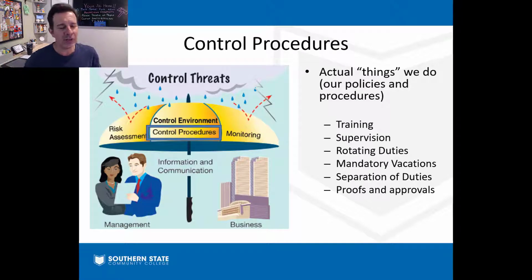Simple separation of duties. We also have procedures for proofs and approvals. Maybe we have a rule where we have to have two people sign a check before it can be cashed. Maybe there's an approval process before money can be spent, has to be signed off on by people. All that stuff, policies and procedures, that's basically where the rubber meets the road of internal controls.